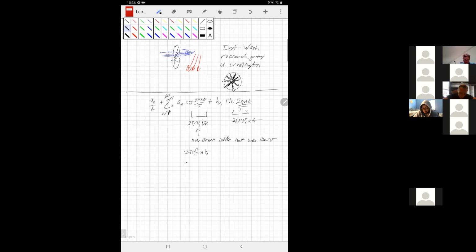You'll see n omega t. I usually prefer this notation just because there are fewer symbols to carry around. You will see 2 pi nx over L, or nkx. I like this notation and this notation.